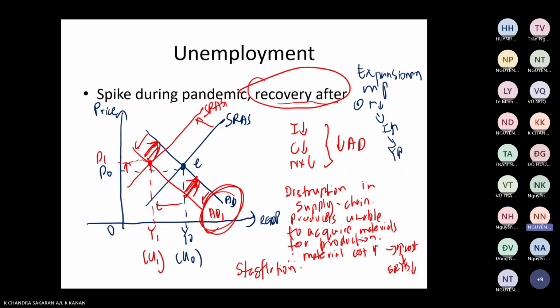The unemployment rate in Vietnam in 2020, how much? It was about 2.26%.